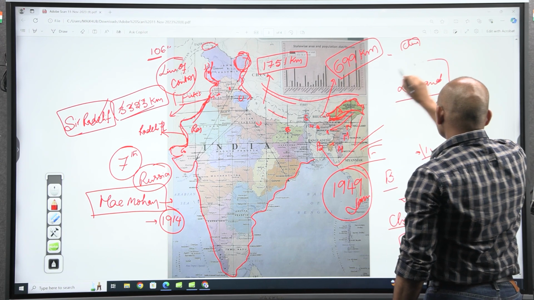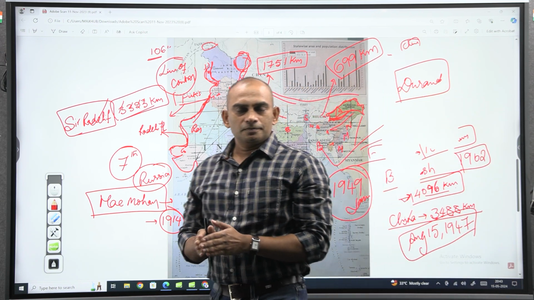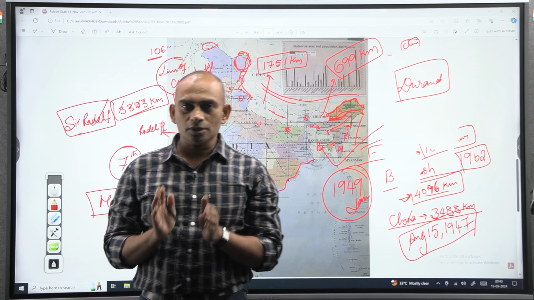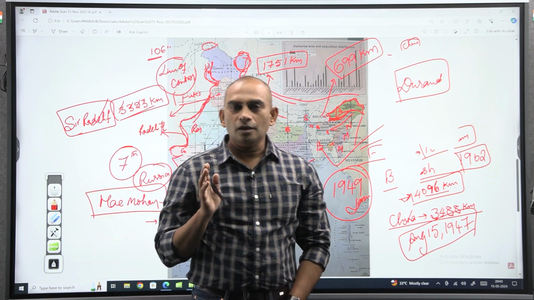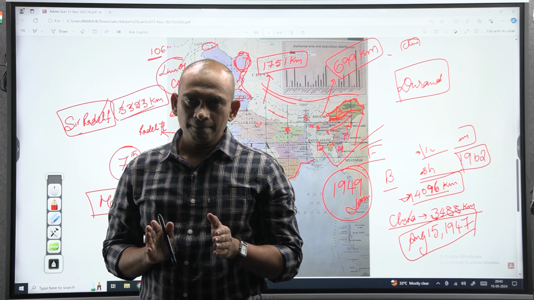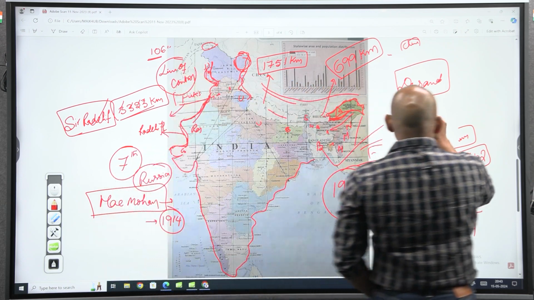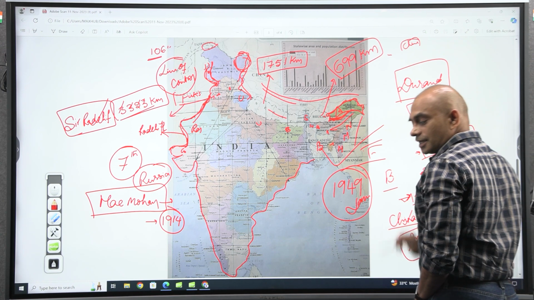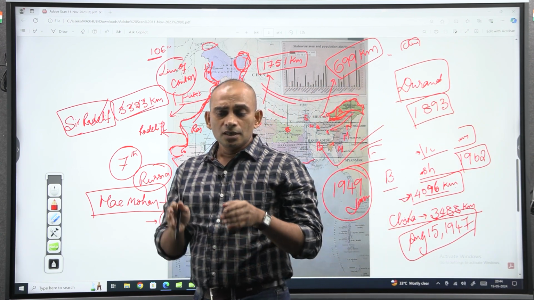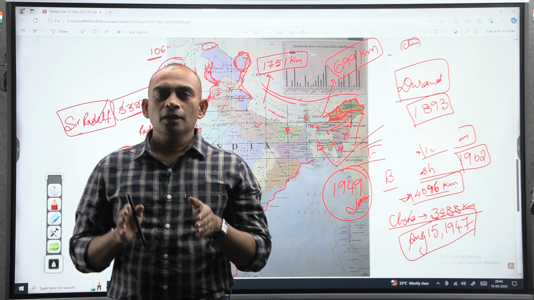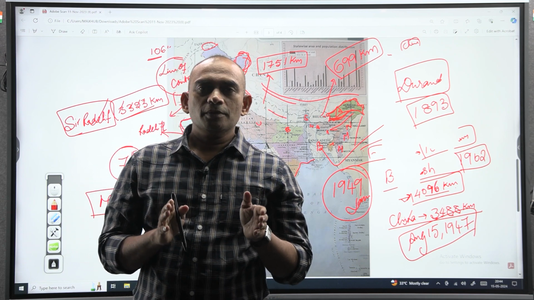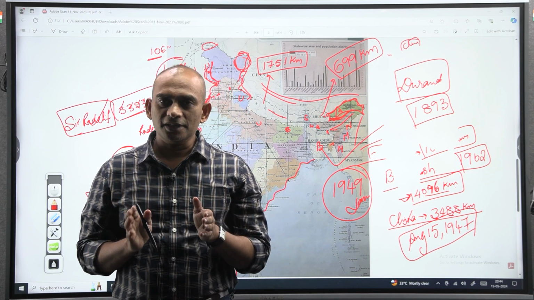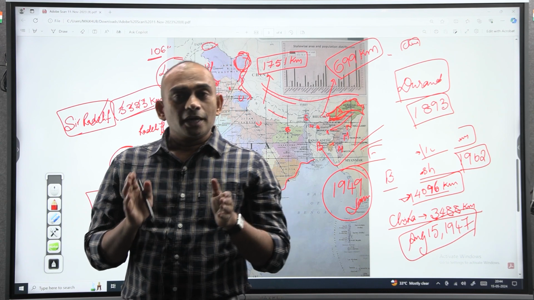This was a boundary line. Mortimer Durand was the person who represented British India, in the year 1893. He went to Afghanistan, and there was a negotiation with the King of Afghanistan, that is the Emir of Afghanistan, Abdul Rahman Khan.